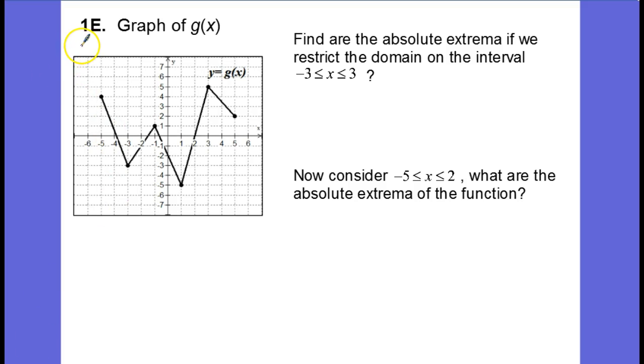Now in 1e, we're going to take that same graph of g of x and restrict its domain from -3 to +3, and see what happens in this case. Here we do have an absolute maximum, and that is going to be located at (3, 5).